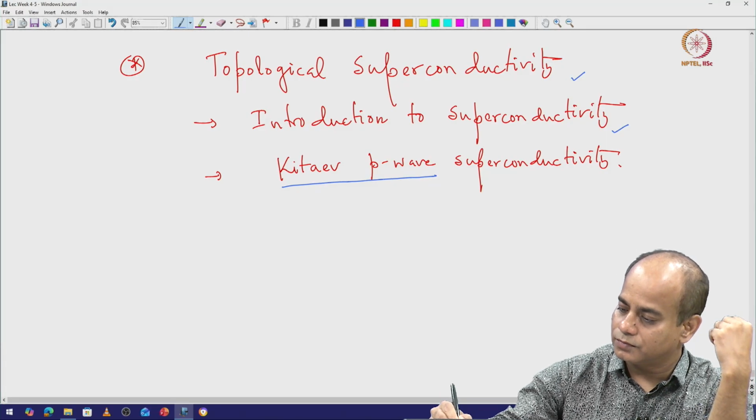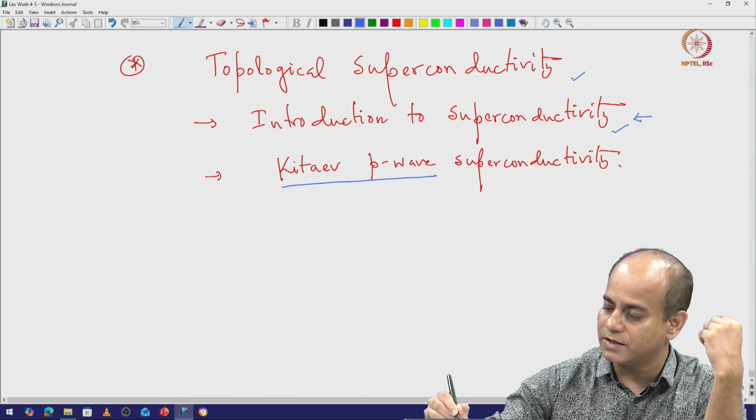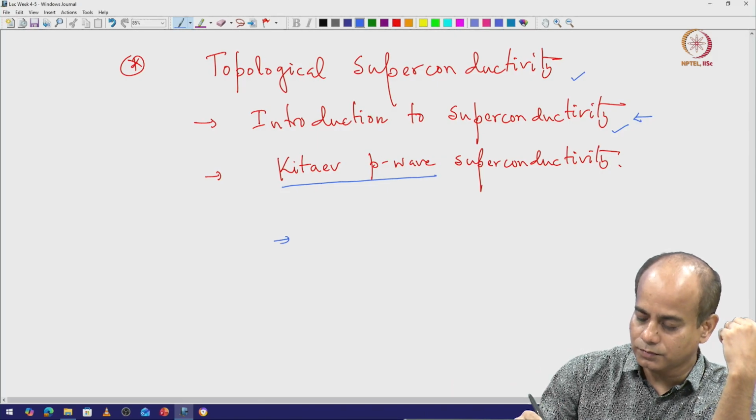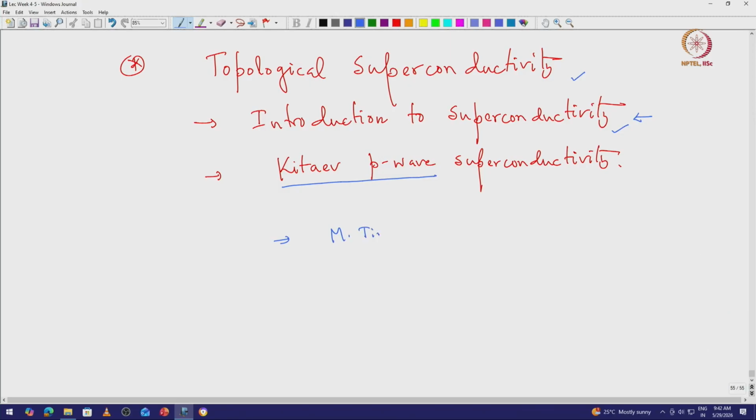And for this, I think the reference will be Michael Tinkham's book, and for the Kitaev-type model, Alexei Kitaev, and I think it's PRB, probably 2008 or so.